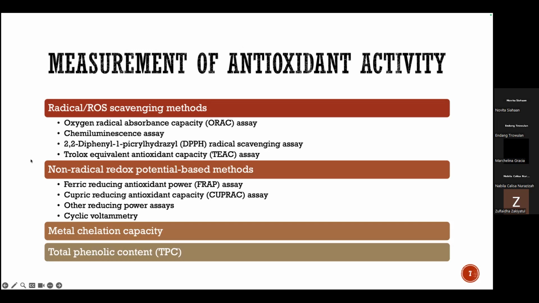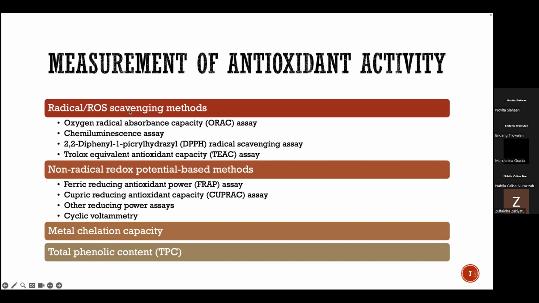So, first, the radical scavenging method. So if you focus on the ROS, you want to scavenge. Scavenging is to capture, free radicals, you want to capture. Okay, so if you want to capture, you can use the oxygen radical absorbance capacity assay. If you want to focus on the ROS, there are 4 methods available.